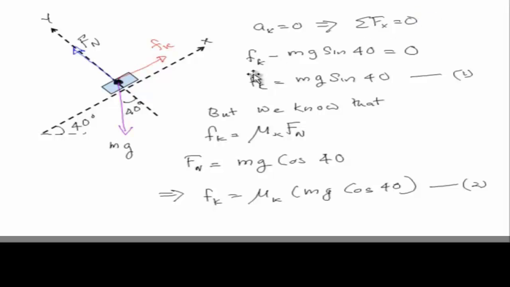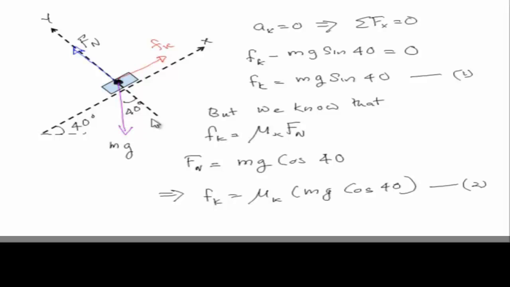Considering the x direction, we can say Fk minus mg sine 40 equals 0 because the acceleration is 0. So Fk equals mg sine 40. We also know that Fk is equal to mu k Fn. To use that, we need to find Fn first.